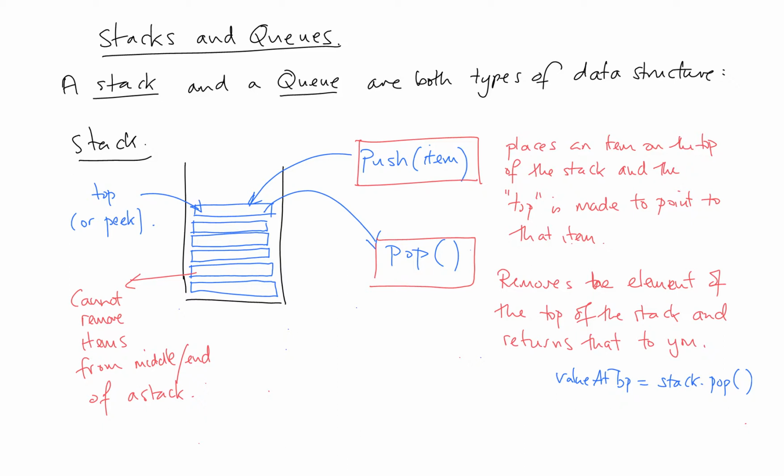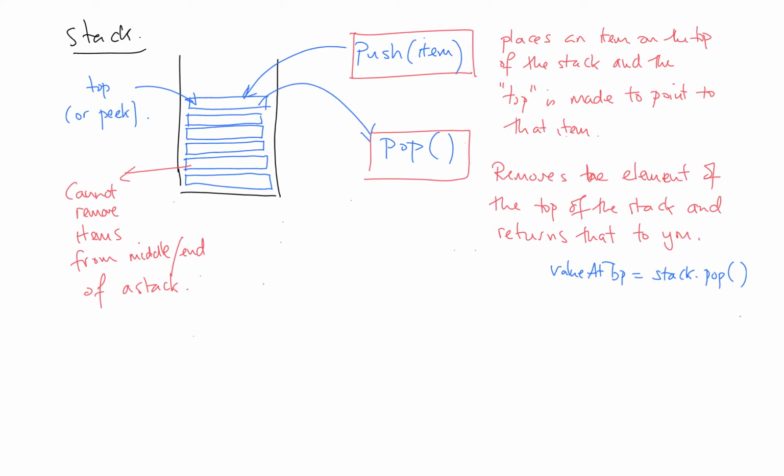The easiest way in Python to implement a stack is just simply using the existing list that you've been using. So we can say something like, in Python, we can use the list data type.